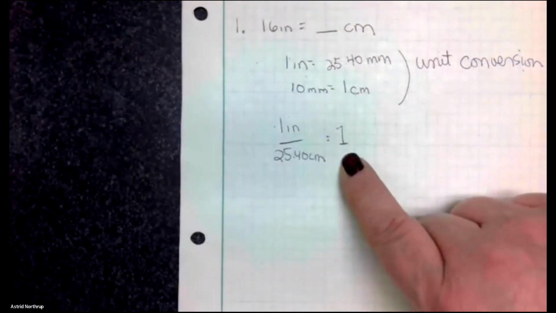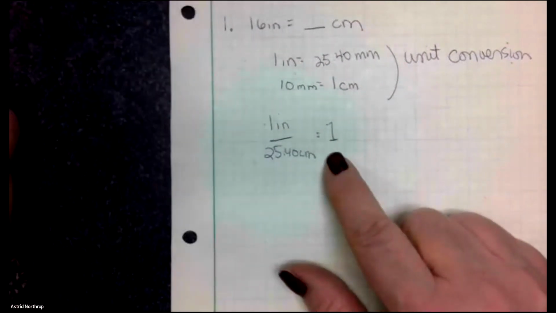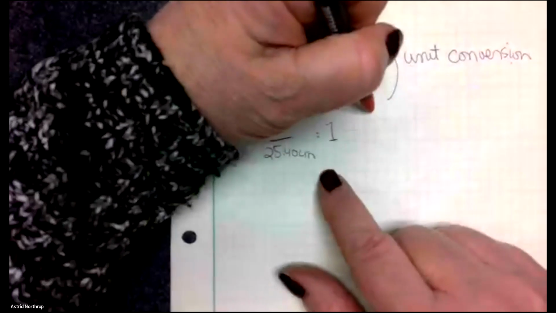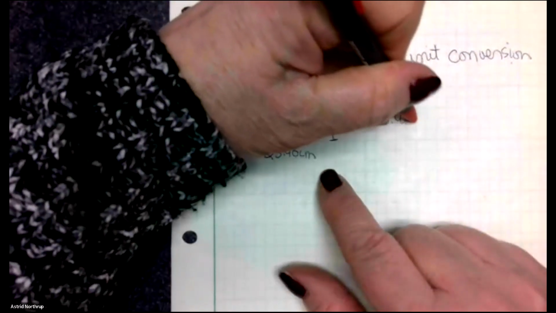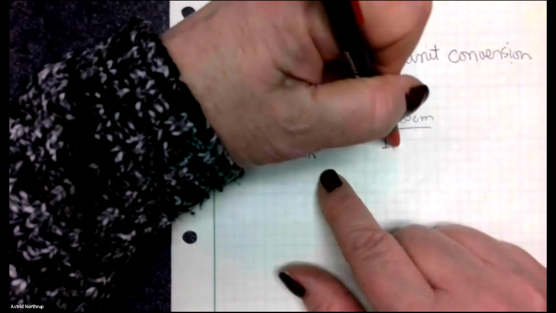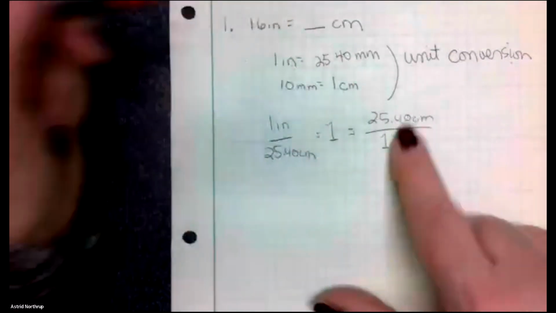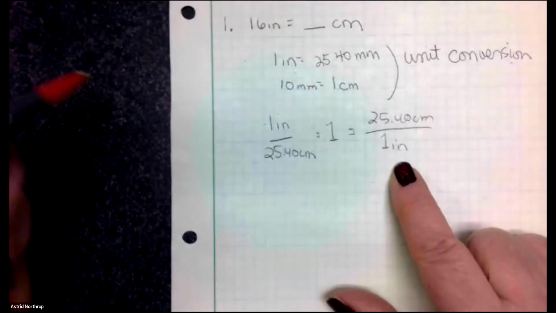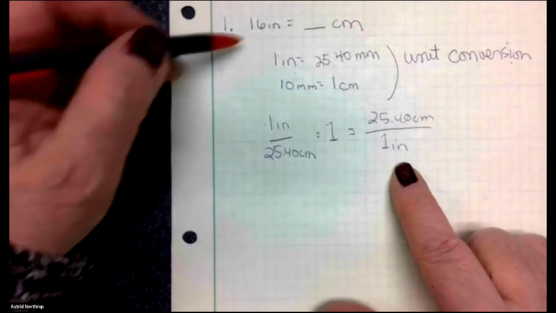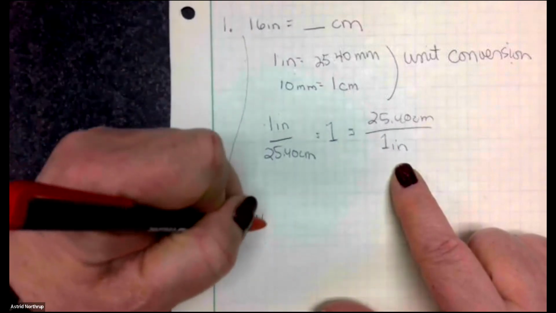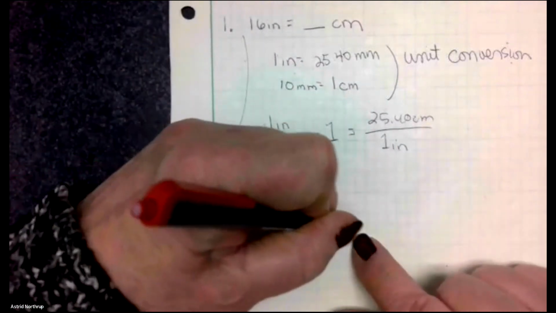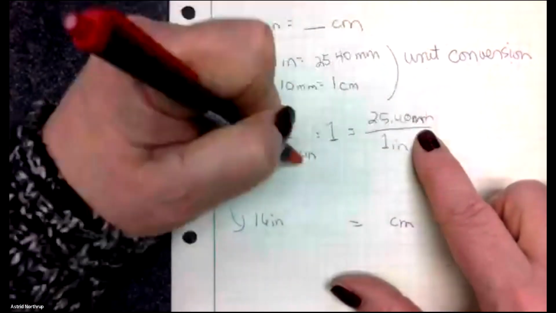And you can multiply any number by 1, and it doesn't change the value. Similarly, 25.40 millimeters over 1 inch is also equal to 1, because 1 over 1 is equal to 1. All right. So if we start with 16 inches and we want to change it into centimeters, this is millimeters, not centimeters.